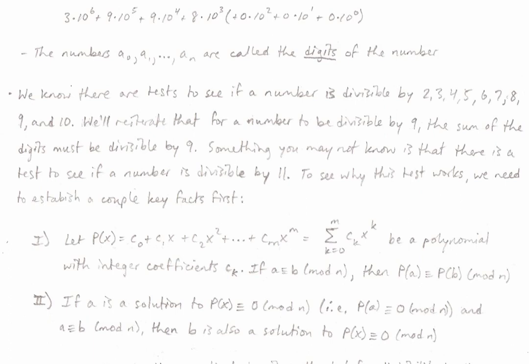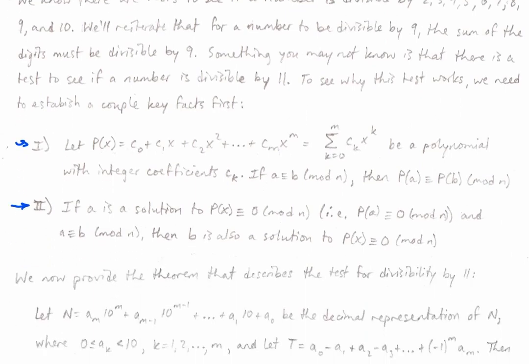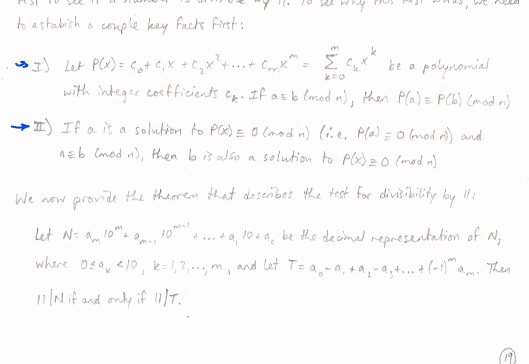I'll let you read that on your own if you want to understand why the test works. It's based on these two facts here. So if you want to take a look at the proof, read those two facts first. But here's the actual theorem that describes the test for divisibility by 11.